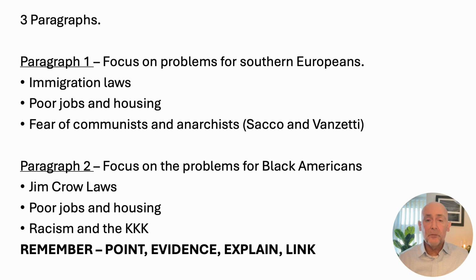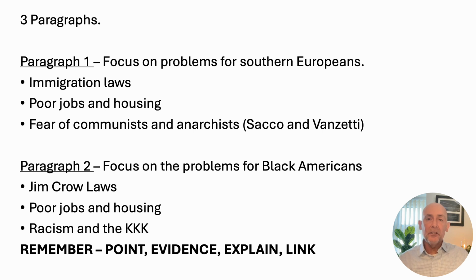Paragraph 1 focuses on problems of Southern Europeans, and in this point you want to be thinking about the immigration laws and how America started bringing in legislation which makes it harder for immigrants from Southern European countries to come to America. White Anglo-Saxon Protestants, WASPs, find it easier to come to America, whereas immigration laws are generally weighted against those from Southern Europe and those from Asia. So you should be including that in your answer.